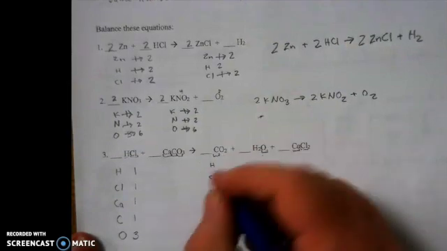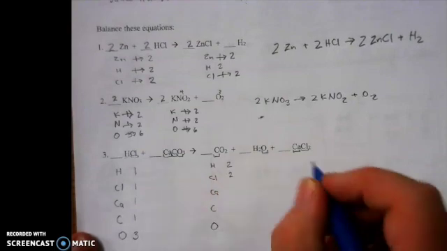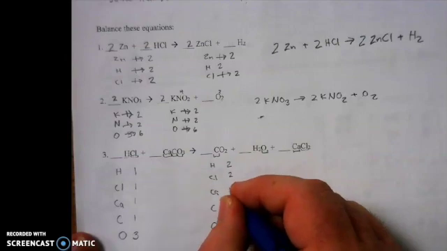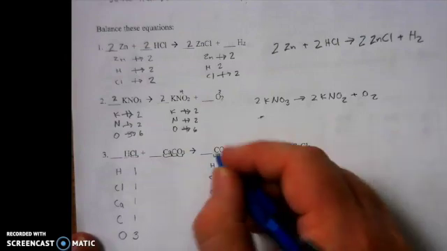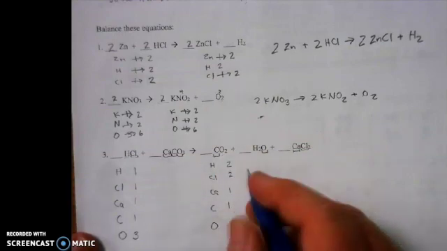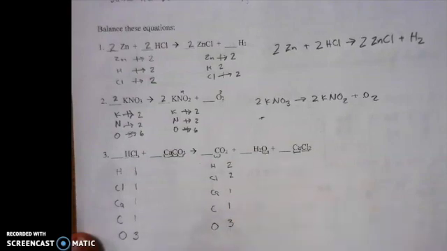Hydrogen, 2 hydrogens, 2 chlorines, 1 calcium, there's no subscript, 1 carbon, again no subscript, and 2 oxygens, plus another oxygen over here for 3 oxygens. So we're good on oxygen.